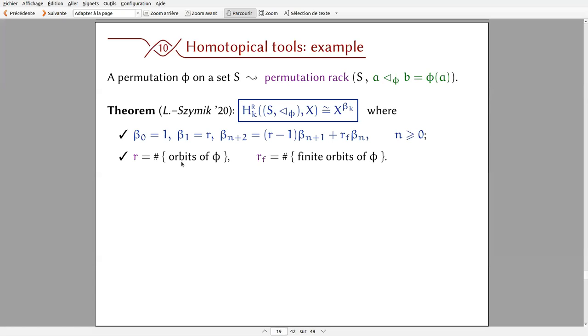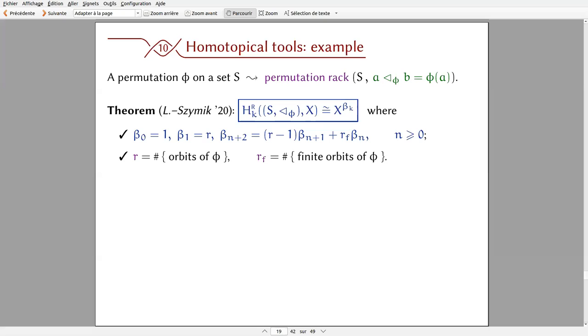The first number is the number of orbits of your permutation, which is R. And the second number is the number of finite orbits among the orbits, which is RF, for finite version of R. And that's it.